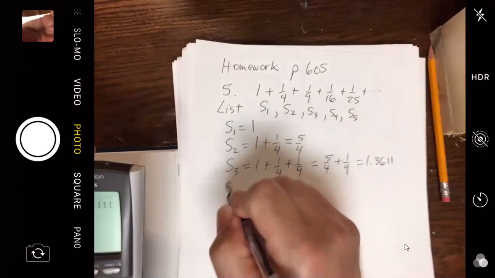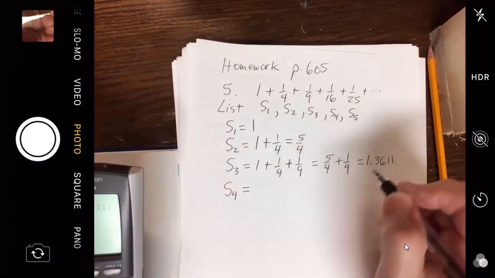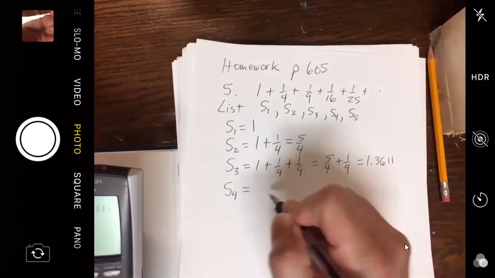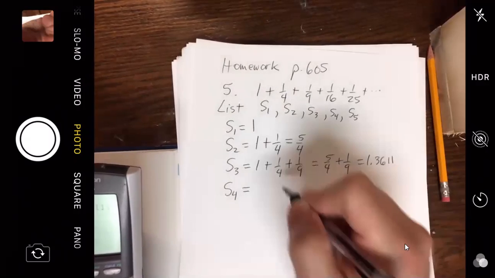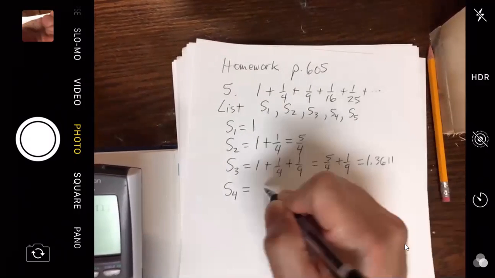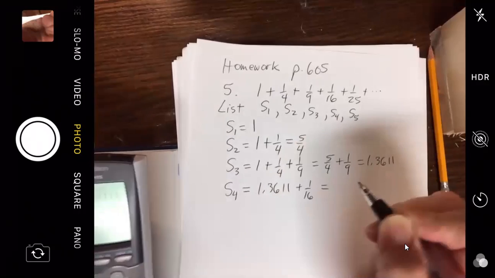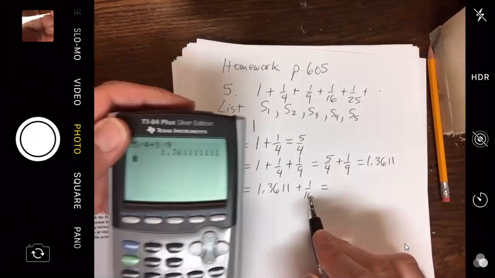When I do the next one, I only have to take the sum of the first 3, which is 1.3611, and add 1/16, because that's the 4th one.